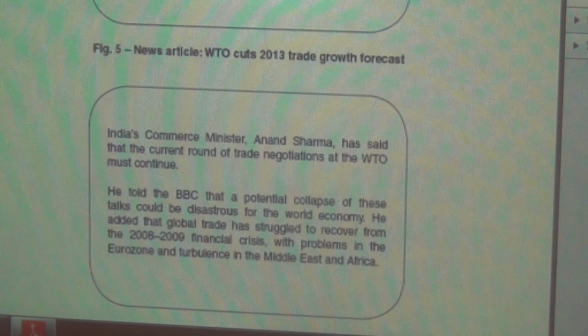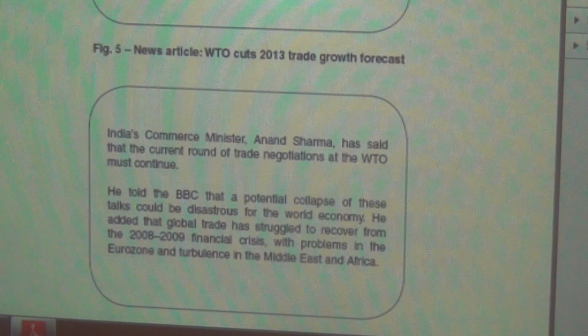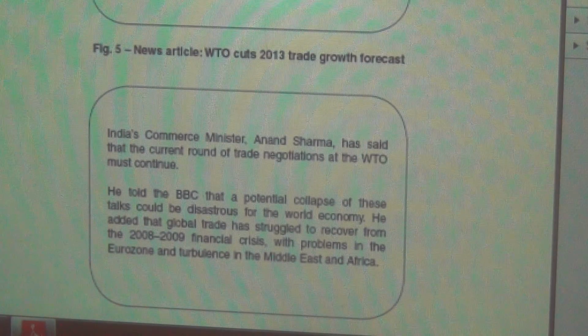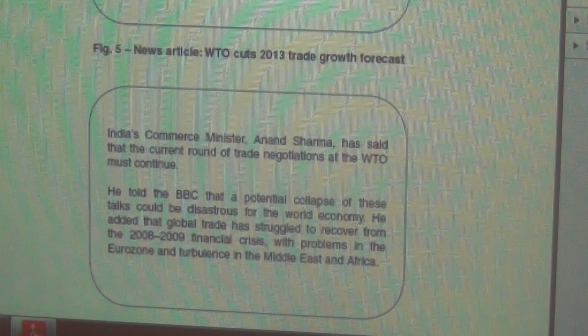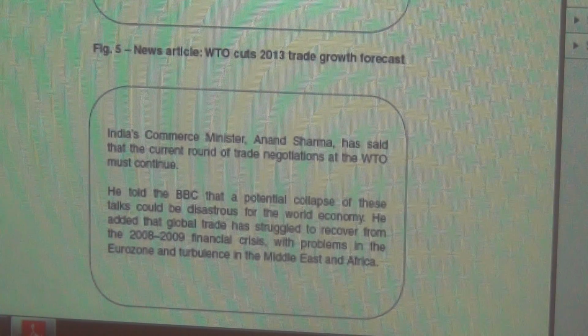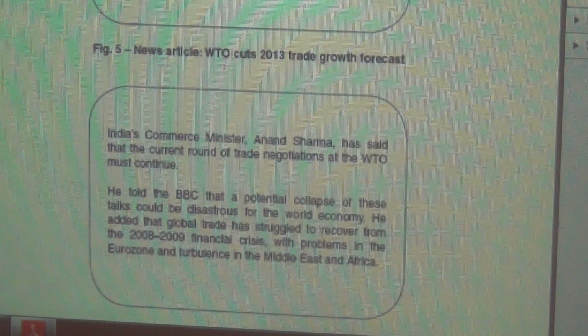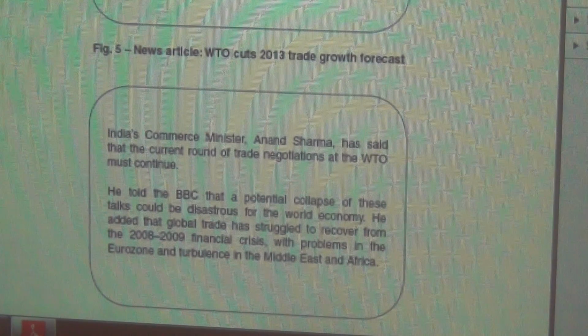You'd want to consider why countries would turn to protectionism, perhaps mentioning import substitution, whereby countries decide to produce goods themselves rather than importing. And a couple of exam questions might be, to what extent would continued growth in China cushion the slowdown in the growth of world trade? Or explain why a collapse in trade talks would be disastrous for the world economy. That type of thing.